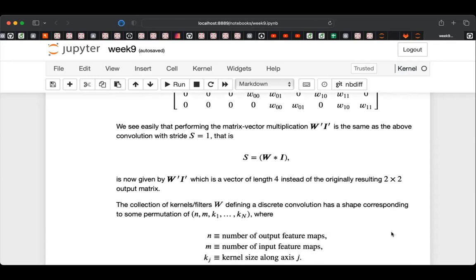So let's now go back a little bit and look at the kind of operations which we end up doing in a convolutional neural network. There are several elements which imply a considerable degree of hand tailoring.